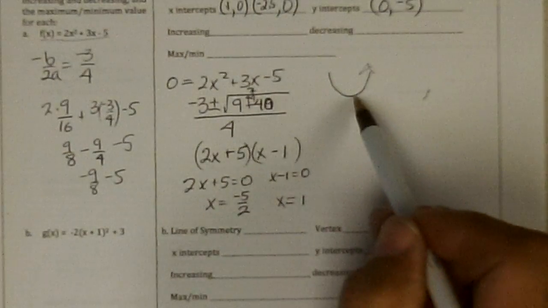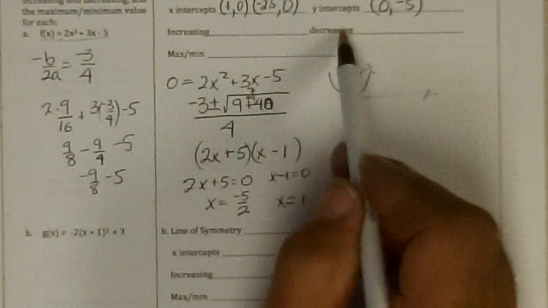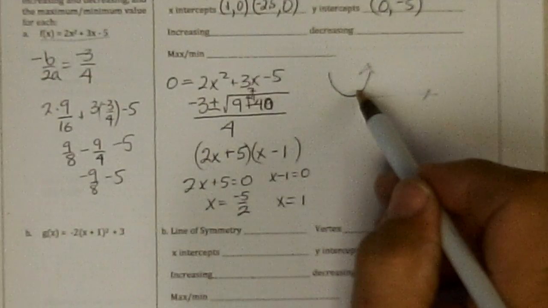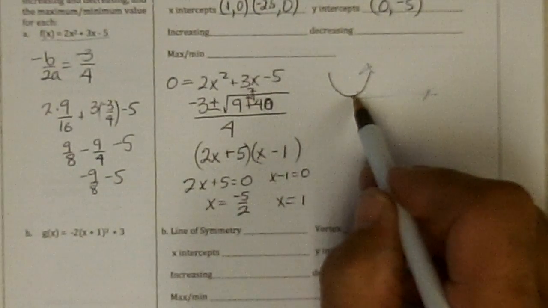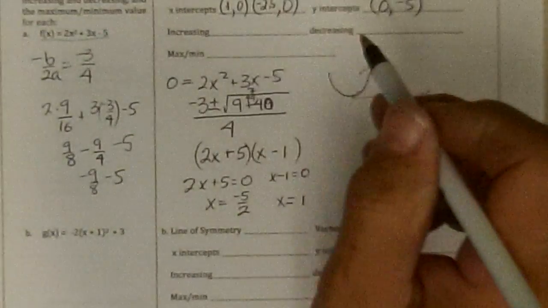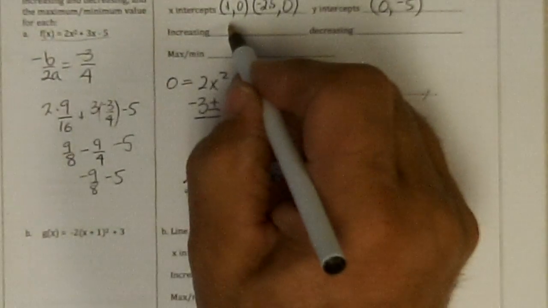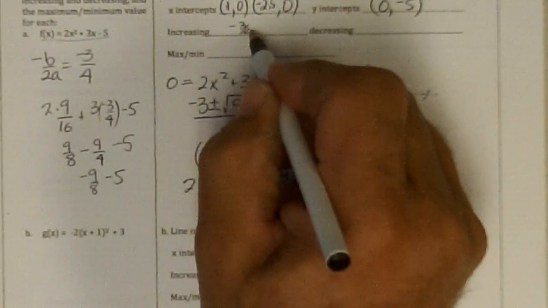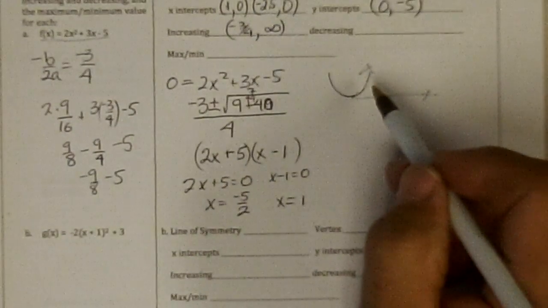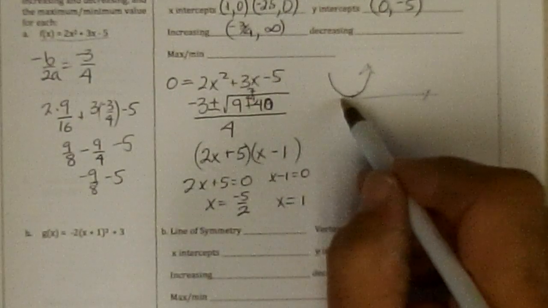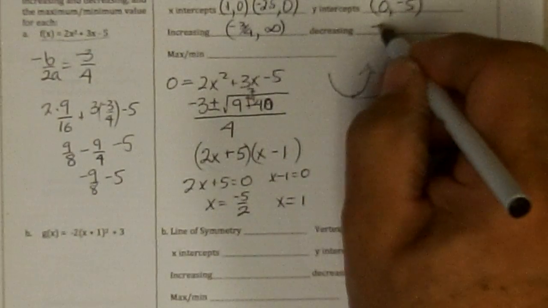So we do the intervals of increasing and decreasing in terms of x. So at negative 3/4 is the vertex, and so from negative 3/4 on to infinity, this is increasing. And it's decreasing from negative infinity to negative 3/4.